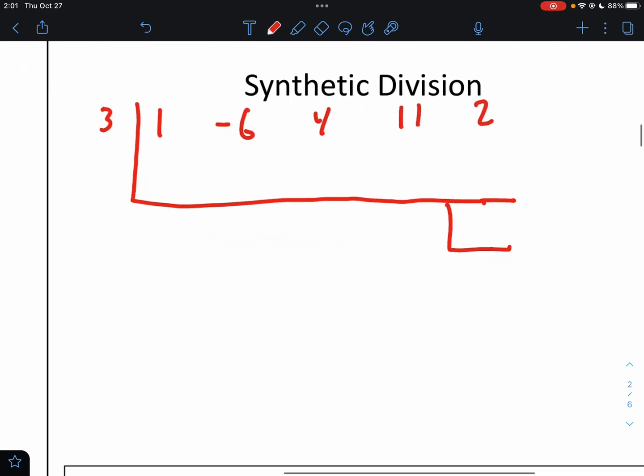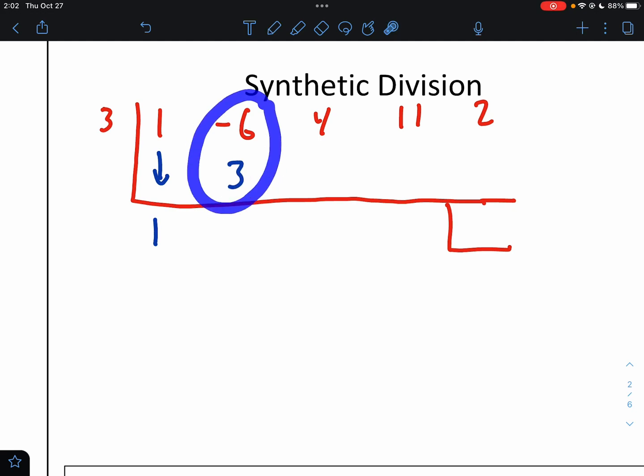All right, so here's how synthetic division works. You bring down the first number, so this comes right down here, 1. And then it's going to be multiply, add, multiply, add, multiply, add until you finish this line. So what do you multiply? This number times this number, and you put that here. Then you add these together, and you get -3.